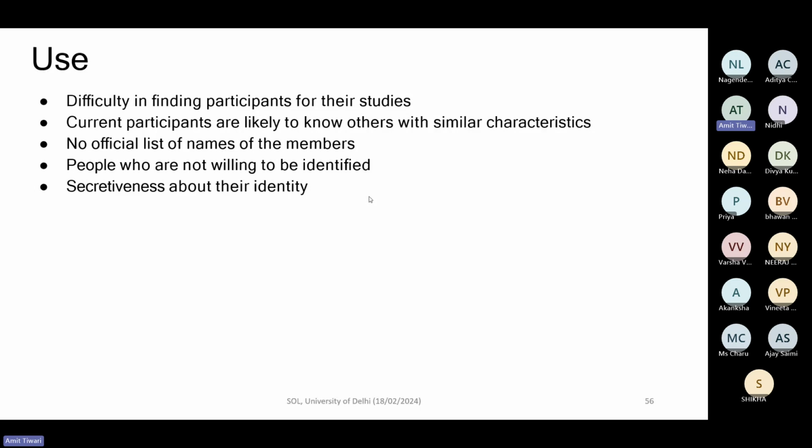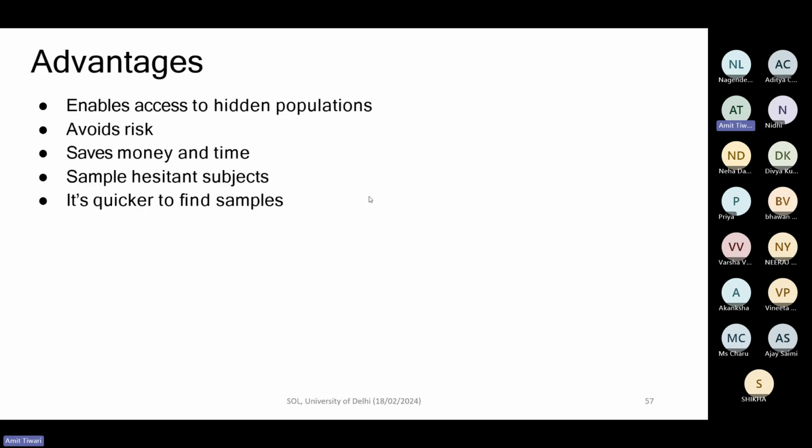Because of that biasness also, the research result will be impacted. Then some people will not even be willing to identify themselves. Then secretiveness is another thing which will be there in this kind of sampling technique.